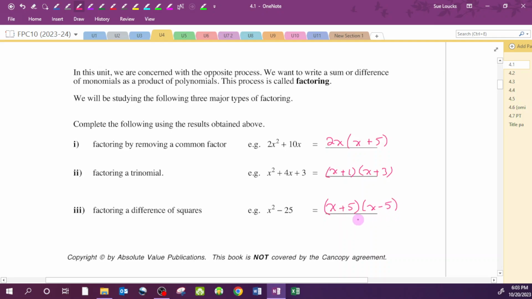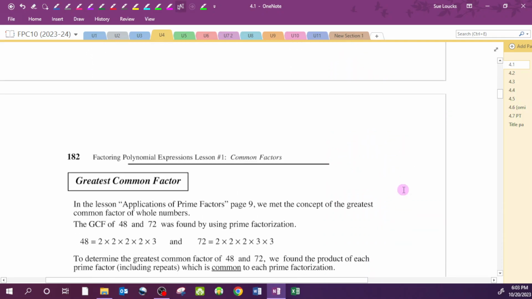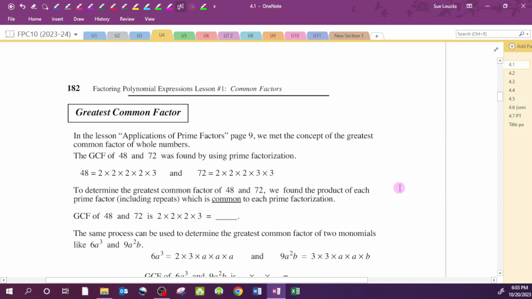And of course, it doesn't matter what order these factors are in, although it is a convention that we put the monomials out to the left of anything that's in brackets. Okay, all right. Let's look at finding the greatest common factor.